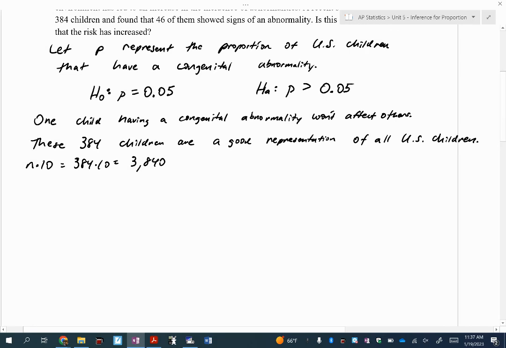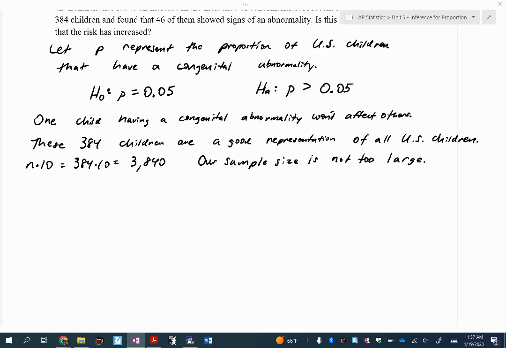Are there more than 3,840 children in the United States? Yeah, way more than that. So our sample size is not too large. That finishes what I always think of as my first column: assume independence, check randomization, and check to make sure your sample size is not too large. That's the 10% condition.